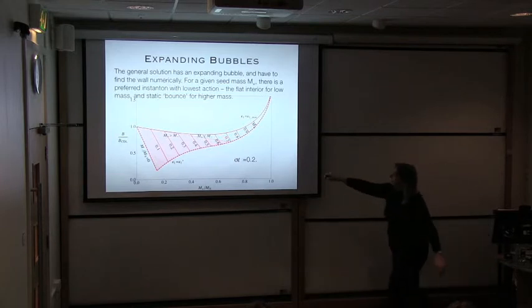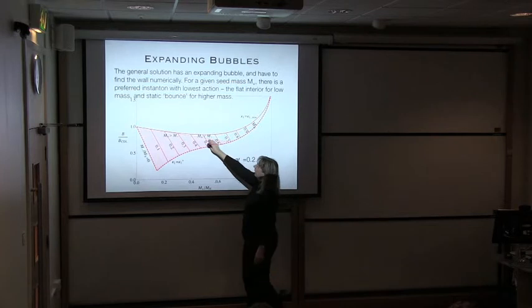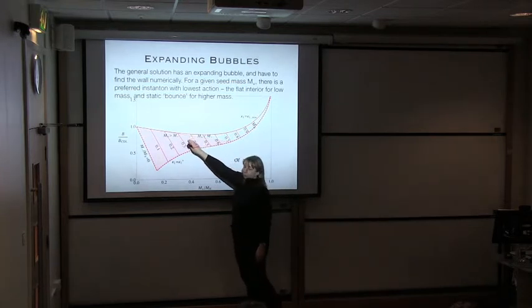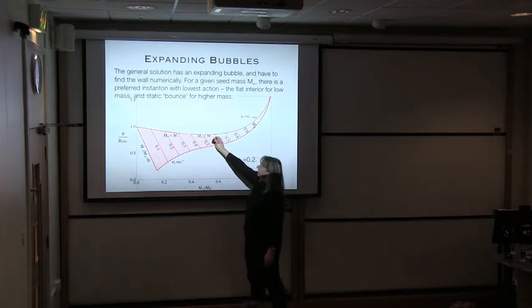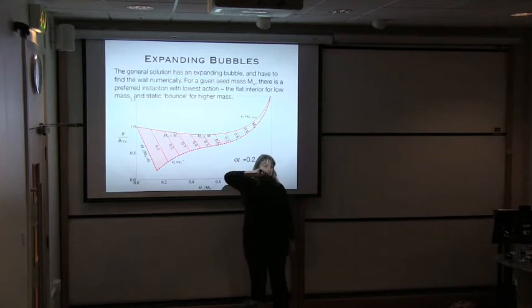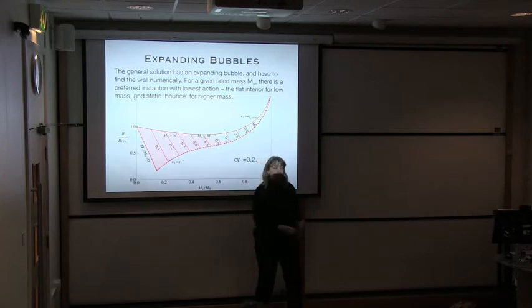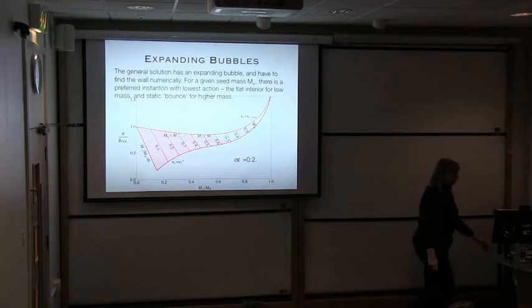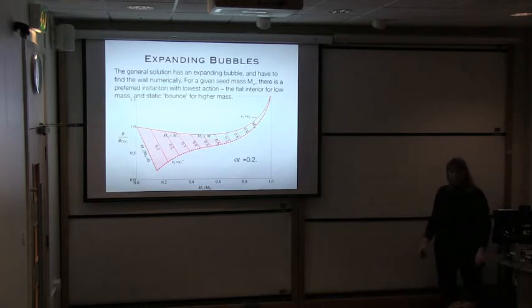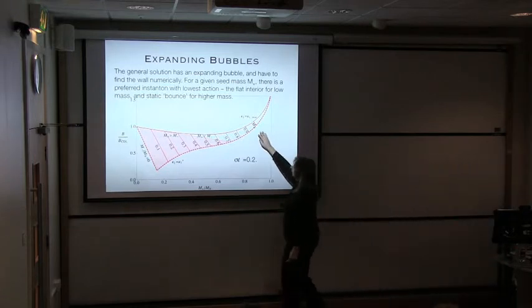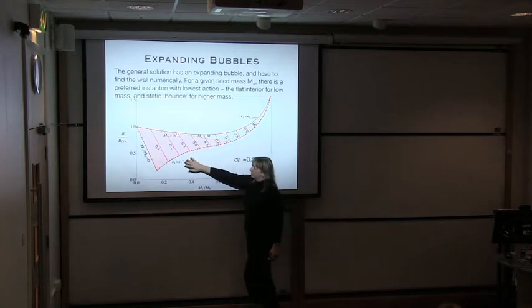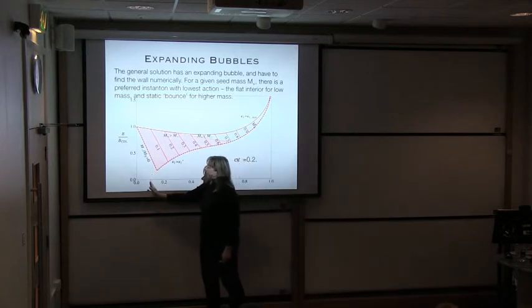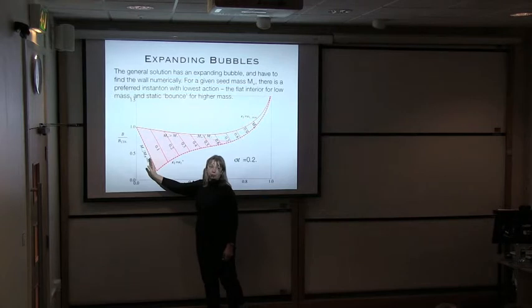Now the dotted line is where the remnant black hole has the same mass, but you can actually get to a situation where it's bigger on the inside, where you've got a black hole that's actually bigger after tunneling than before. But the thing to notice is that the process that will happen at any given mass is the one with lowest action, because you exponentiate this to get the probability.